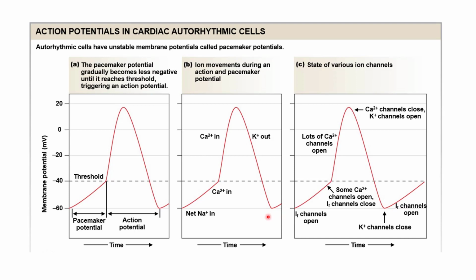And again, once we get down to resting membrane potential, our potassium channels will close and the IF channels will open again. So IF channels, sodium and potassium can flow through it, but the effect is that there's a net sodium increase coming in. So more sodium comes in than potassium goes out, and that causes that self-depolarization.